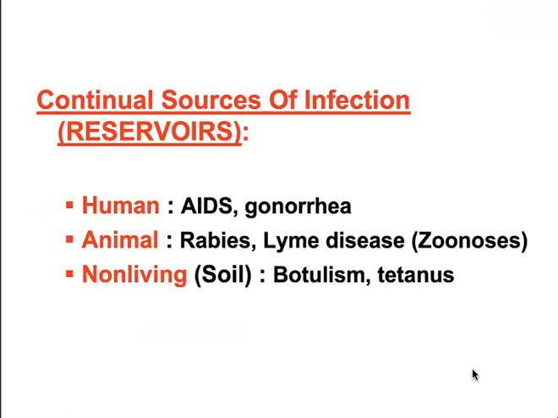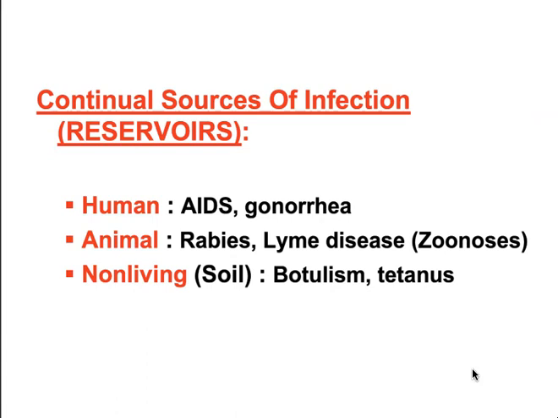So ano-ano ba yung mga reservoir ng ating mga infectious agent? So kanina nadiscuss tayo ng portal of entry, portal of exit. Meron naman tayo ngayong reservoir. So usually, humans are good reservoir for your AIDS, for gonorrhea.